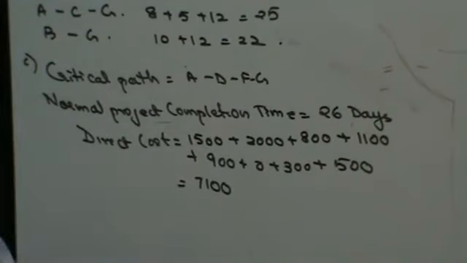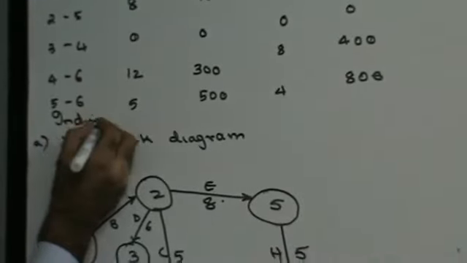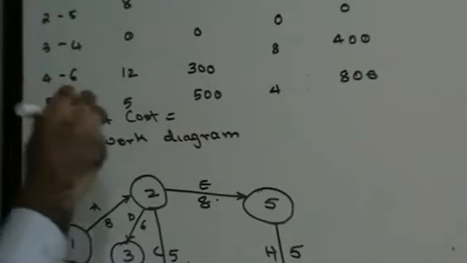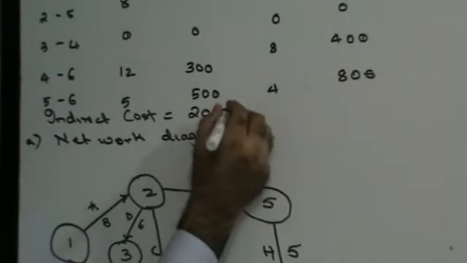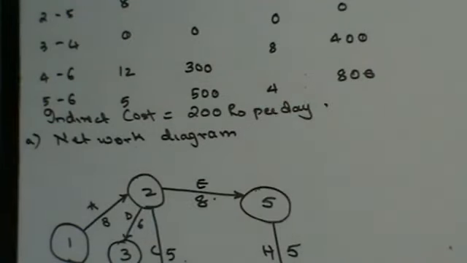Right? Now I presume I haven't given you some data in the sum. Just write this data down in the sum. There's one part of the question. Indirect cost is 200 rupees per day. That is given to me in the sum.